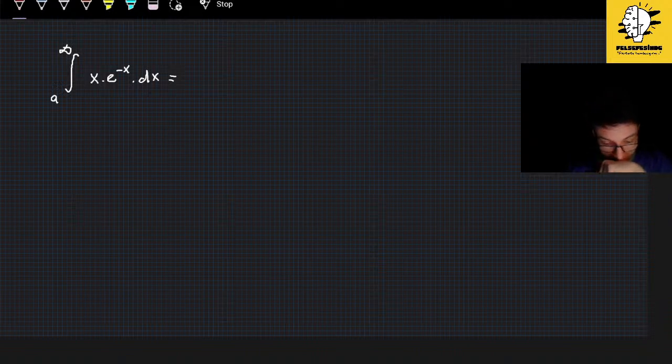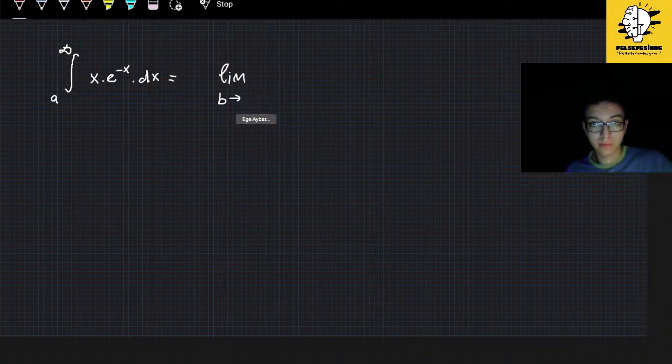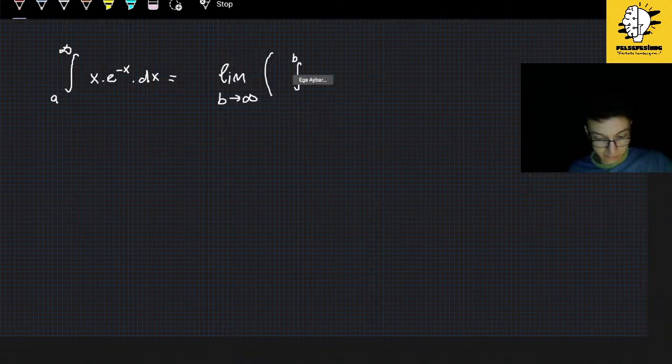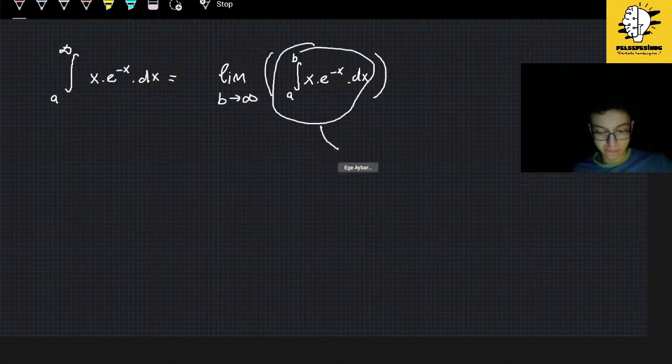We are going to put b to the infinity, and then we have this definite integral, and we use integration by parts. When we find the integration by parts, we will let b approach infinity, and then we will find our results accordingly.